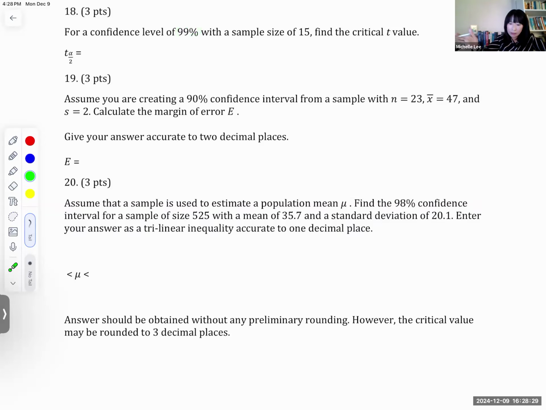With the degrees of freedom. Let me show you on StatCrunch.